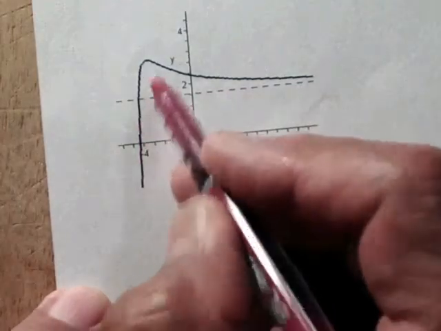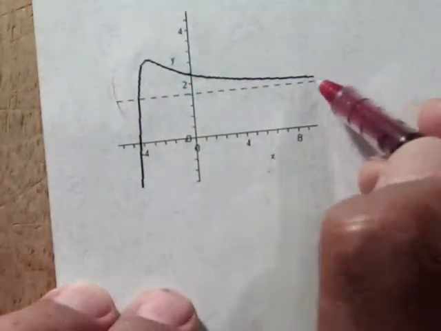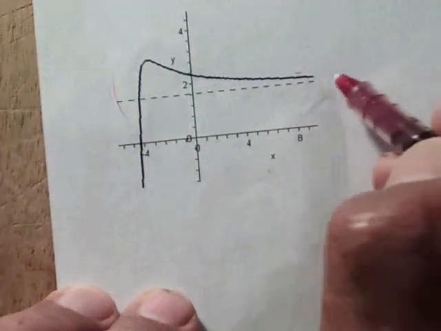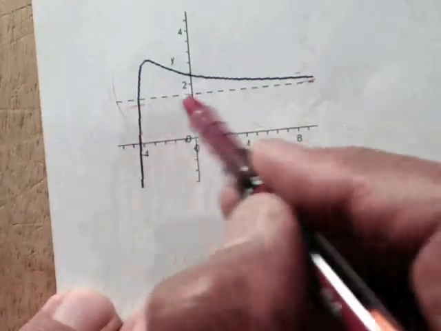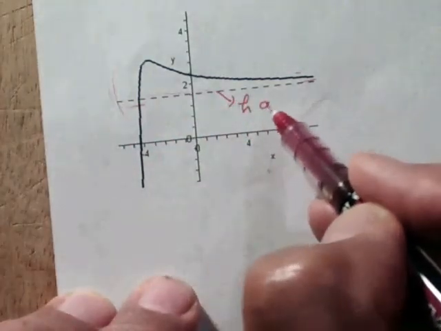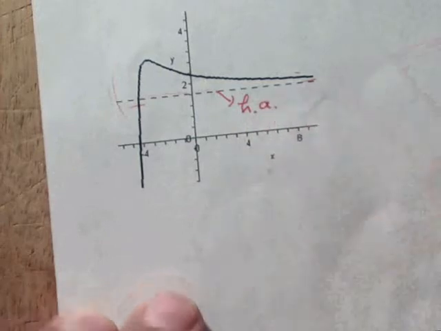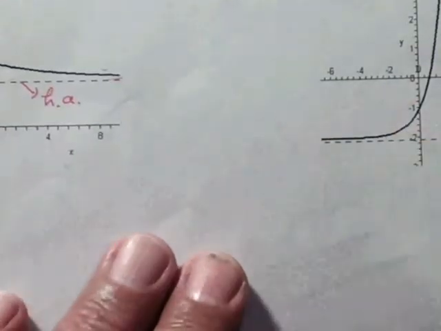Okay. This one right here has a horizontal asymptote. Around here I can see it, but eventually I want to know what happens. Eventually it becomes horizontal, so this is the horizontal asymptote, HA. This is also a horizontal asymptote.